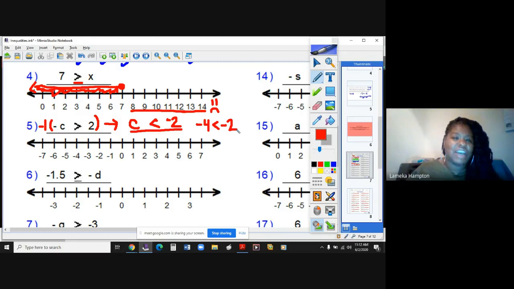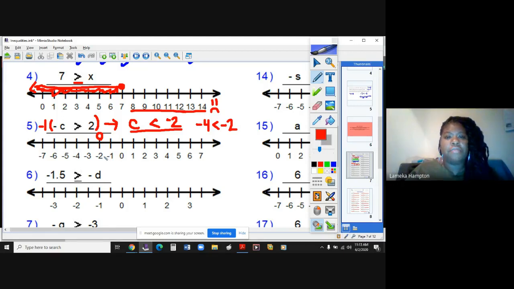That's right. Excellent job, Mr. McFadden. You remembered. Because remember, when you are dealing with two negative numbers, as it relates to comparing them with less than or greater than, those inequalities, the number that's closest to 0 is the greater number. So I now have an open circle. The reason why I have an open circle is because I only have a greater than sign, which has turned into a less than sign, but -2 is not included as a part of my solution.